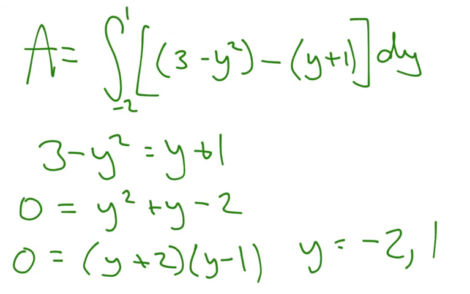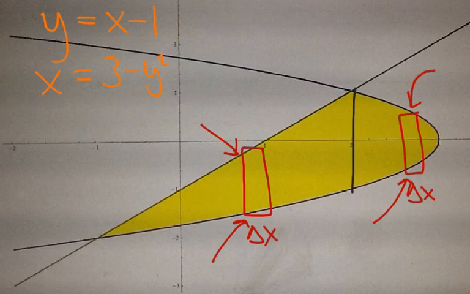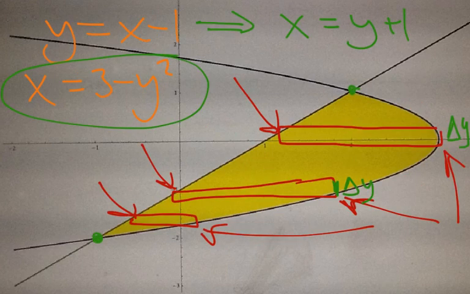Now, I know some of you may be freaking out right now thinking, oh my God, what did he just do? But I really didn't do much different than what we did before. All we did is we changed our perspective. We re-rotated, instead of using rectangles that slice up and down vertically with a little delta x, we sliced it horizontally. And so we have a little delta y.